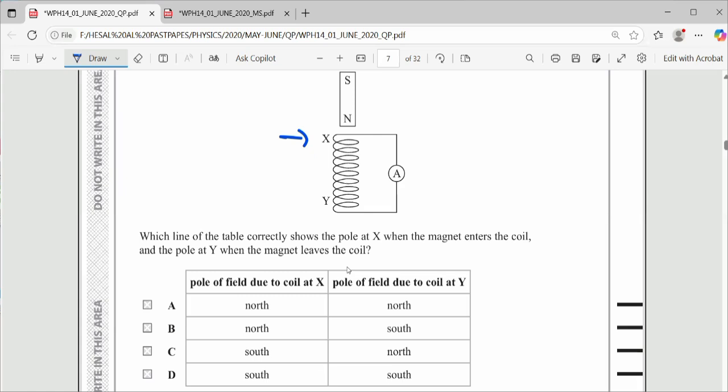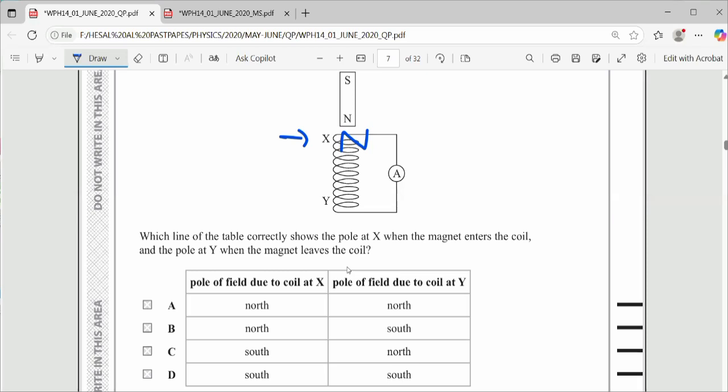Remember, once the North Pole enters, what will happen? The magnetic field tries to increase. The coil itself is reversing that by a force acting. It tries to create a North Pole in here.